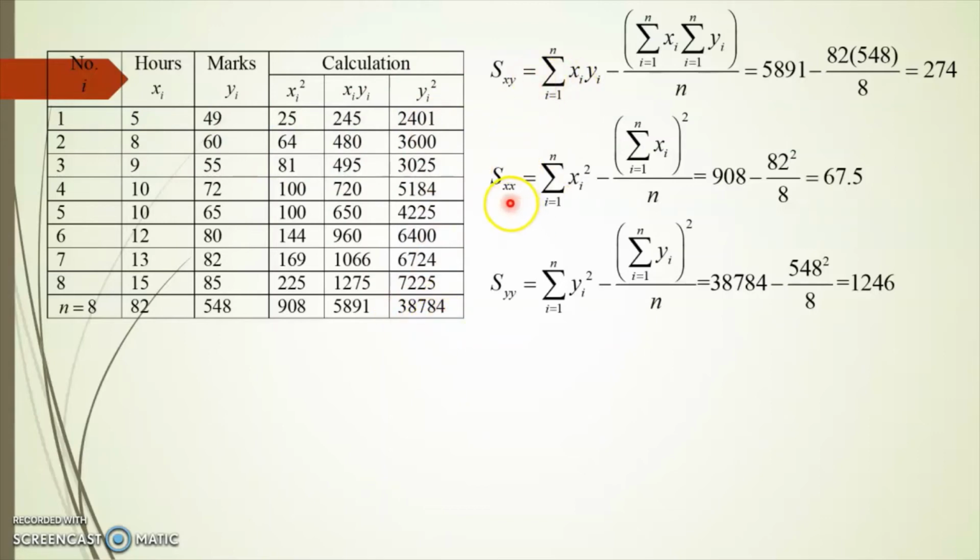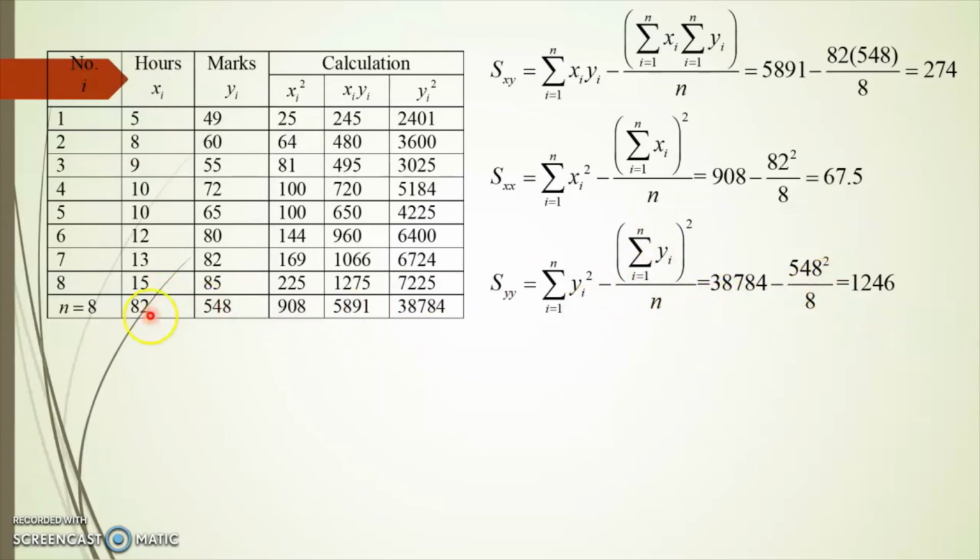So for Sxx, it is summation of x squared, this one, minus summation of x, this, divided by n. N is the sample size, which is 8. And then Syy is the summation of y squared, this one, minus summation of y, this one, divided by the sample size.